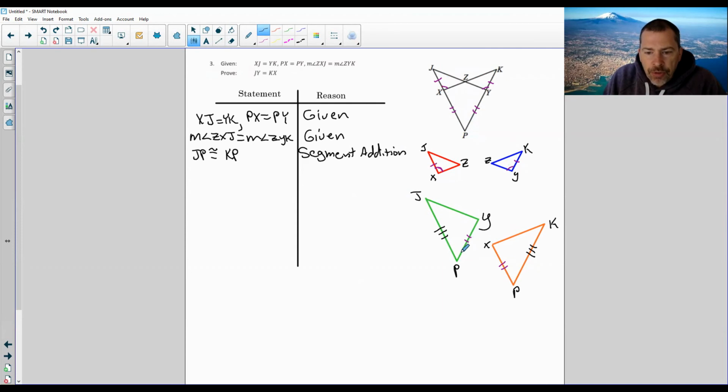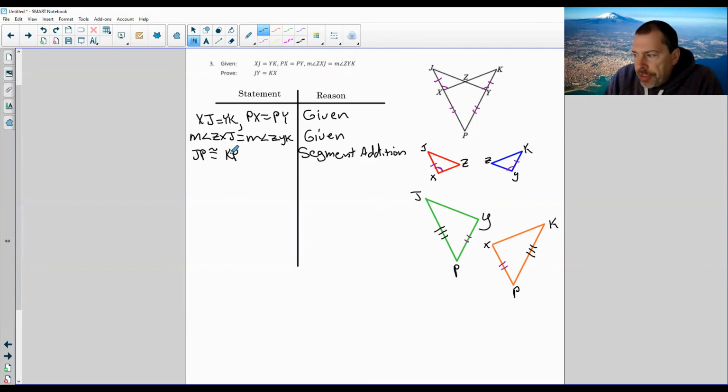And I need the included angle, P. The measure of angle JZX is equal to the measure of angle KYZ was what? Given? ZYK.